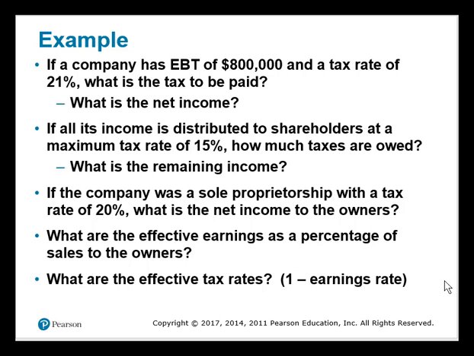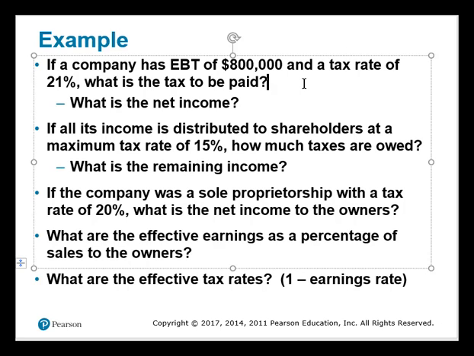Here we have a company that has earnings before taxes of $800,000 and a tax rate of 21%. What is the tax that needs to be paid? If you calculate the tax, 21% of $800,000 is $168,000. So what's the net income? If you subtract $168,000 from $800,000, that is $632,000.